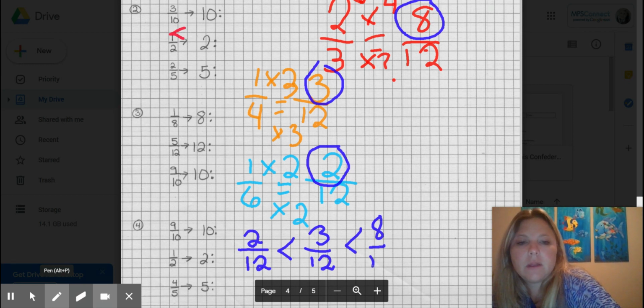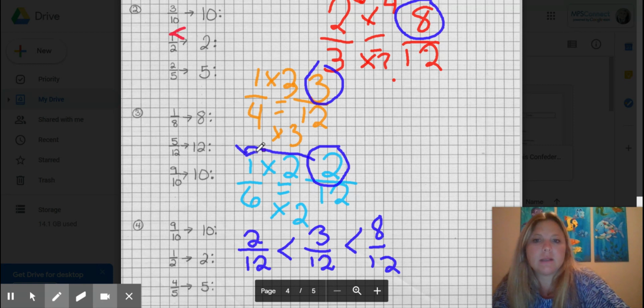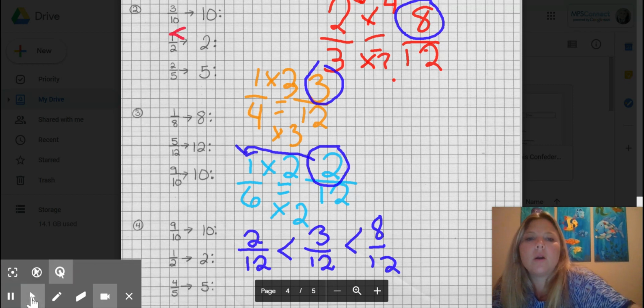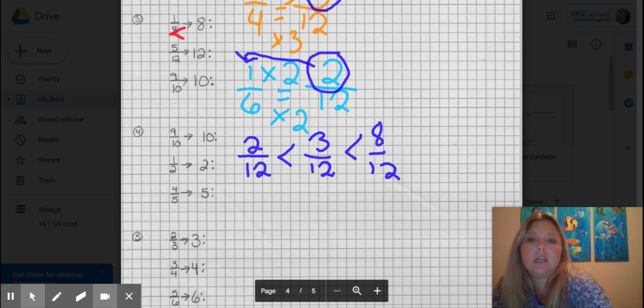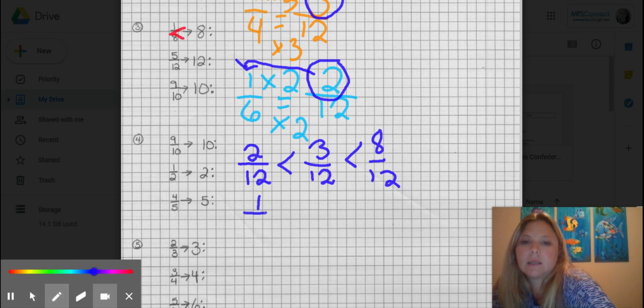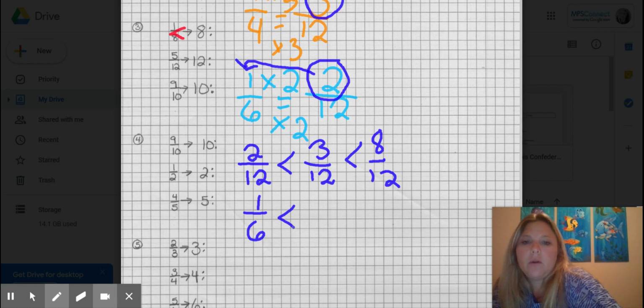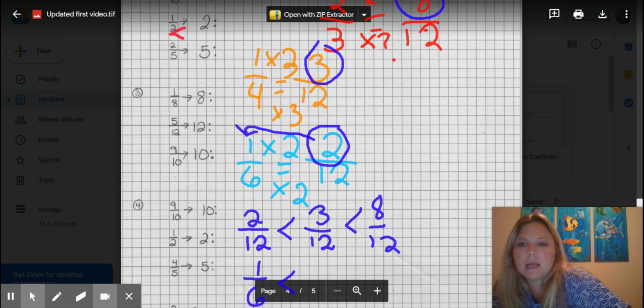Now this is all great, except when I wrote 2/12, what was the initial fraction that we started with? It was 1/6, wasn't it? So when we list them from smallest to greatest, I'm actually going to list them using the initial fractions. So I'm going to write 1/6 here. Now, 3/12 was represented by what fraction? 1/4, right?